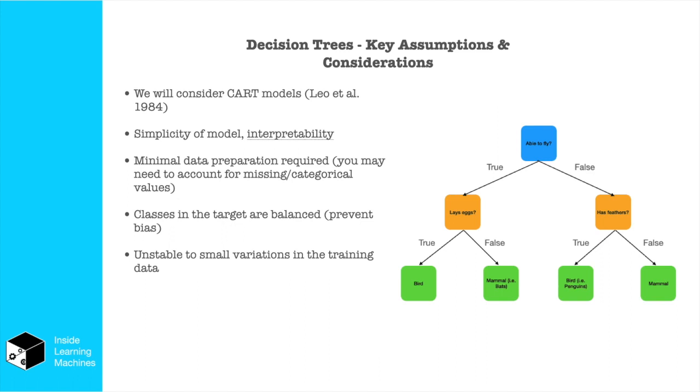Another thing to take note of is that typically CART decision trees are unstable to small variations in the training data, meaning that if we train a decision tree on a certain sample of training data, we obtain a structure of the tree, the types of questions being asked at different layers within the tree in order to arrive at predictions.